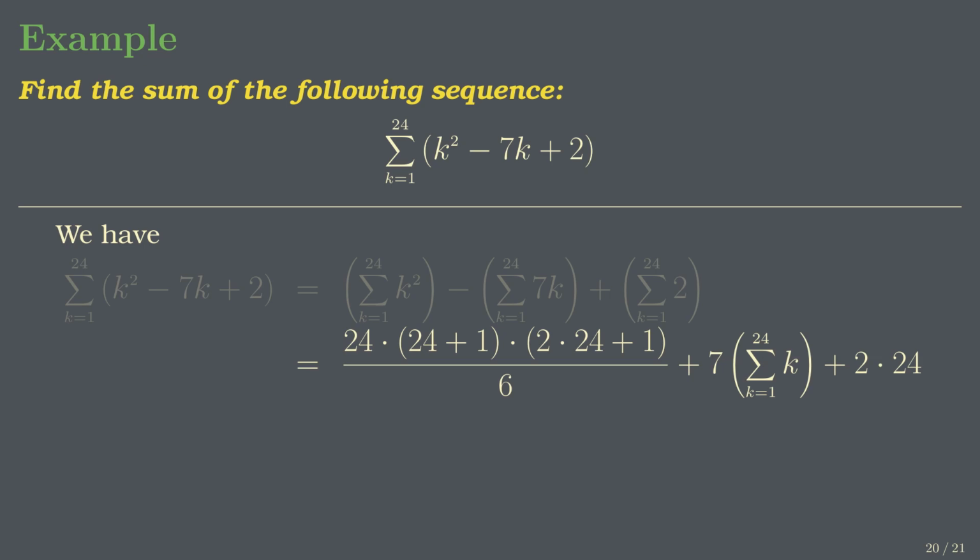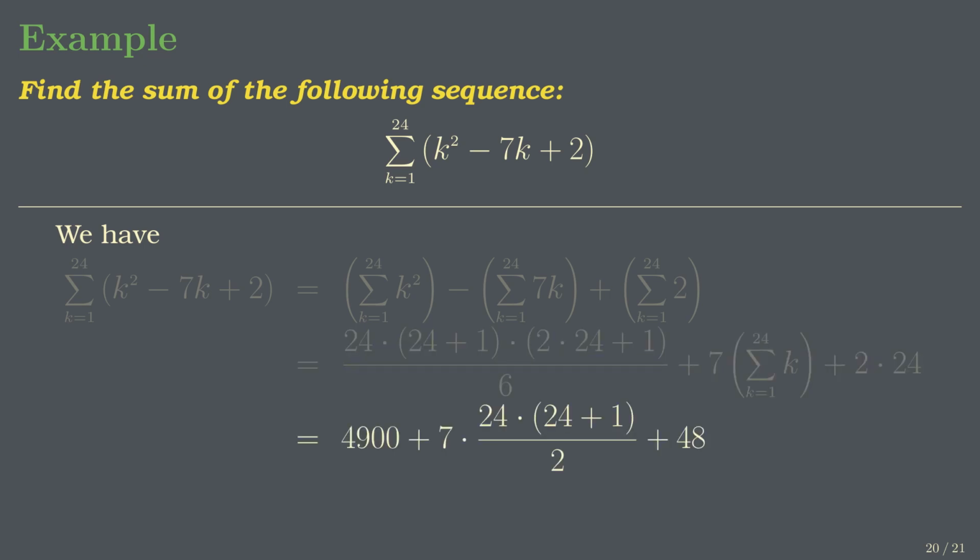The last sequence is actually a constant 2. Because we have 24 first terms, the result should be 2 times 24. So you can compute this easily and get the final answer, which is 2848.